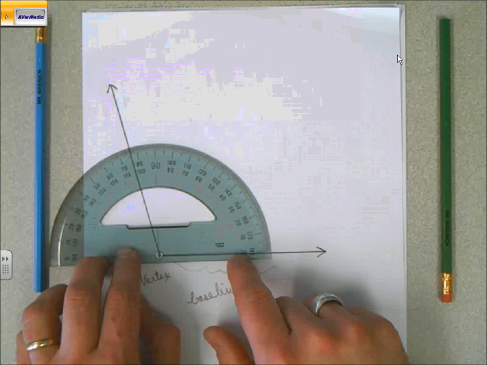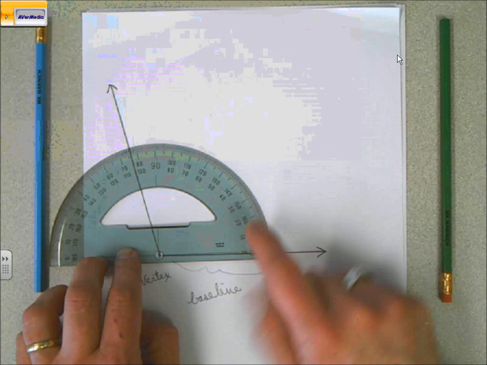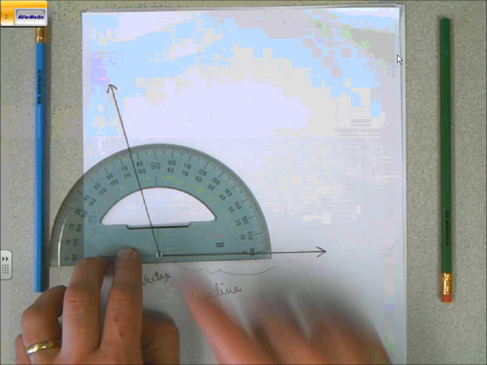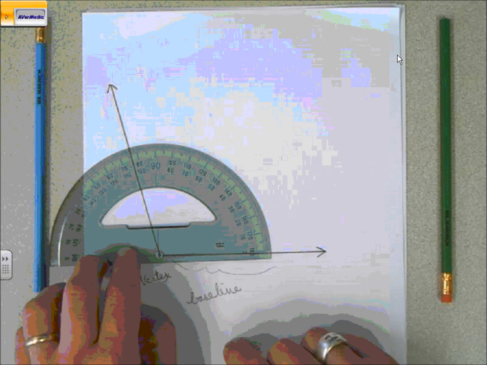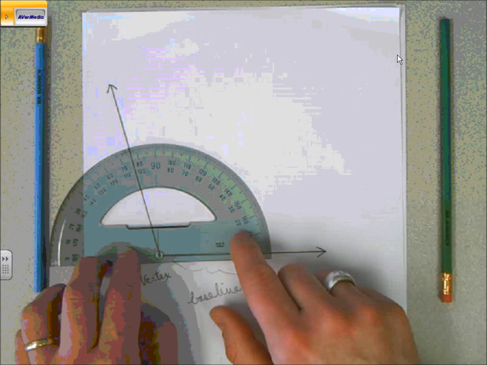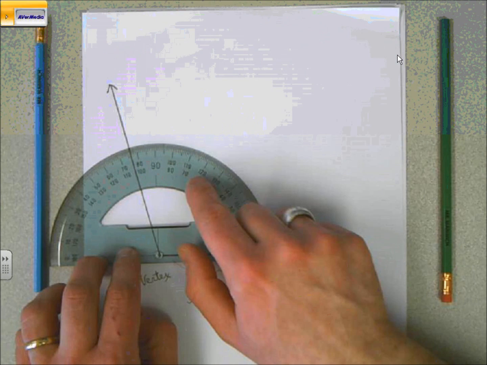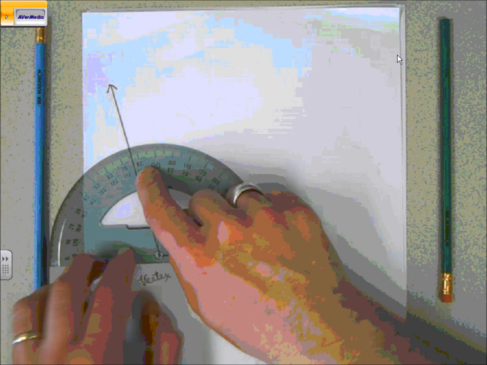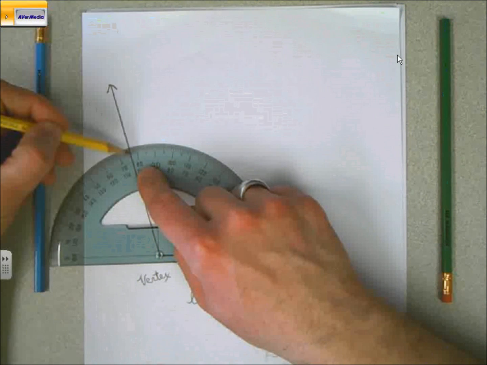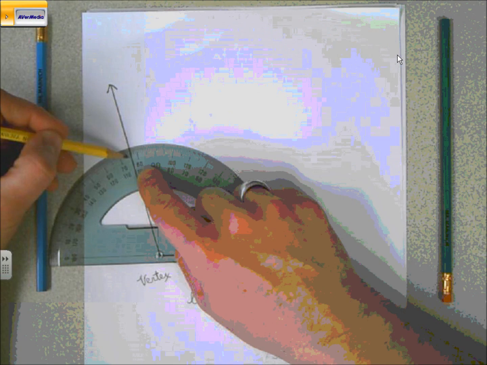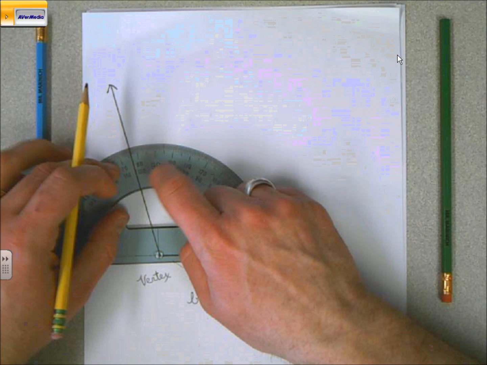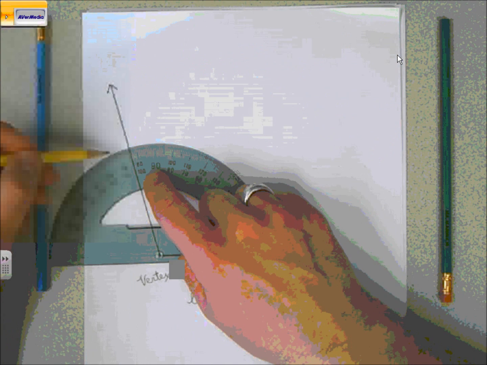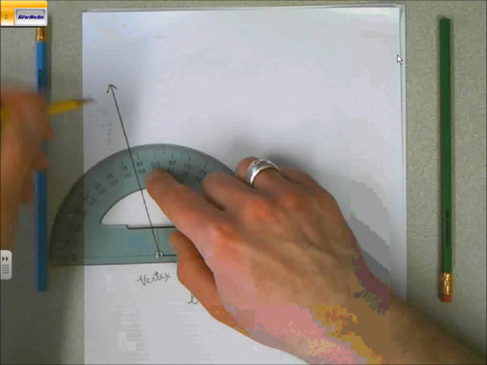So I like to start counting the measure of the angle at 0 by tens until we find out where that crosses. So in this case, we've got 0, 10, 20, 30, 40, 50, 60, 70, 80, 90, 100, and you can see over here that the other ray passes through at almost 105, but just before that, so I'm going to say that's a 104-degree angle.